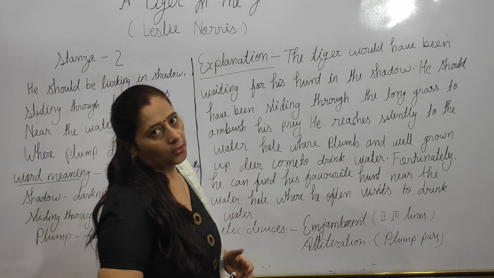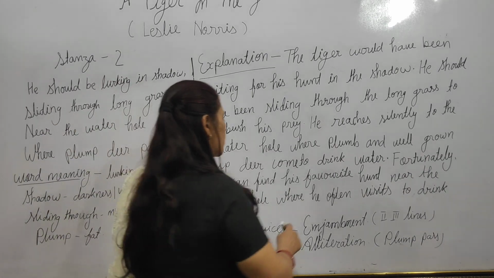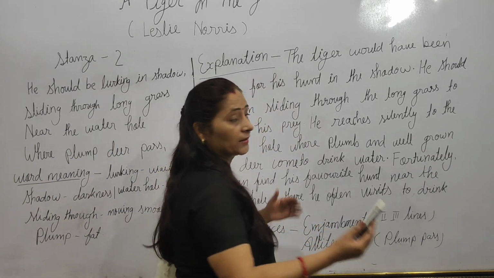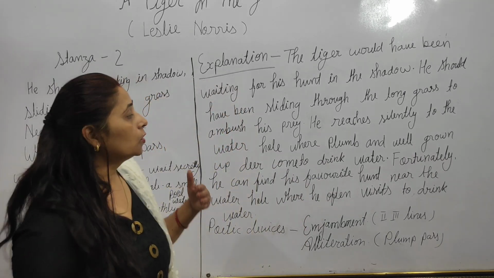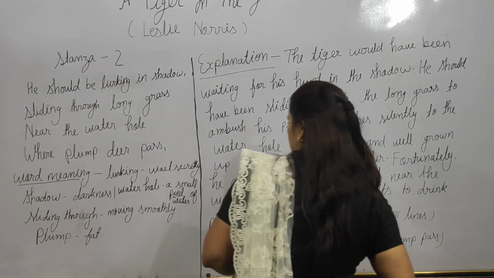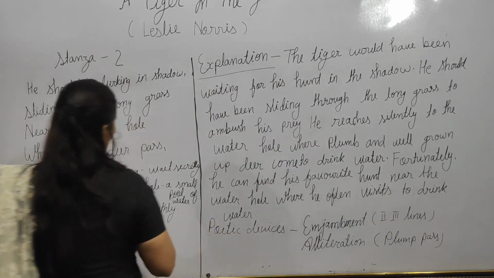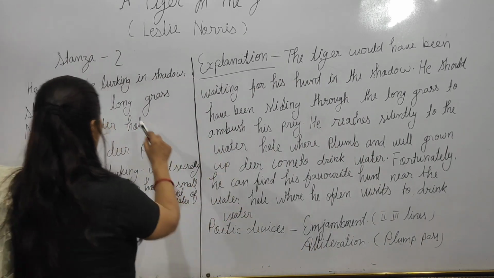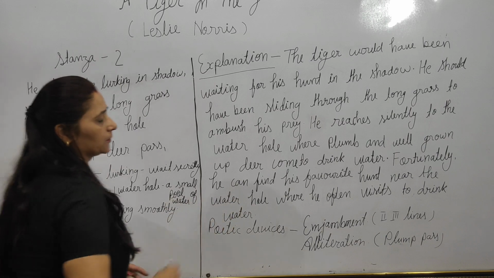The tiger was waiting for his chance to prey on the deer. To prey means to hunt the deer. I hope the meaning of all four lines is clear.